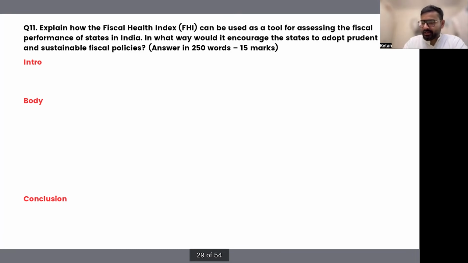The next question is: explain how the fiscal health index can be used as a tool for assessing the fiscal performance of states in India. In what way would it encourage the states to adopt prudent and sustainable fiscal policies? All right.